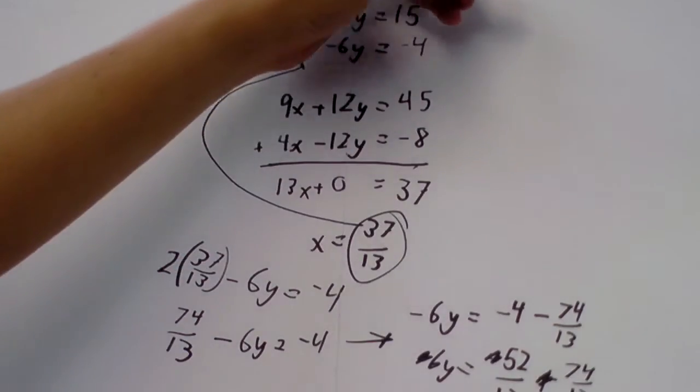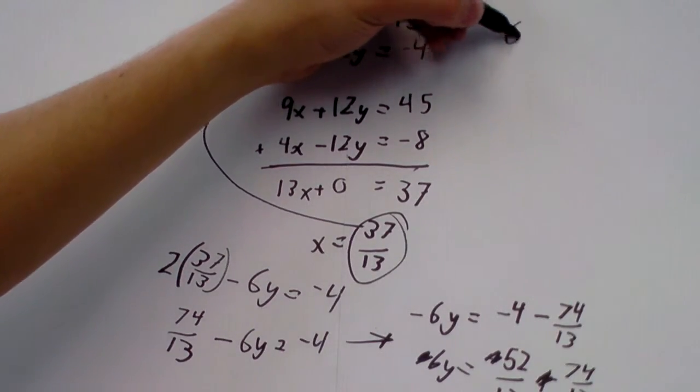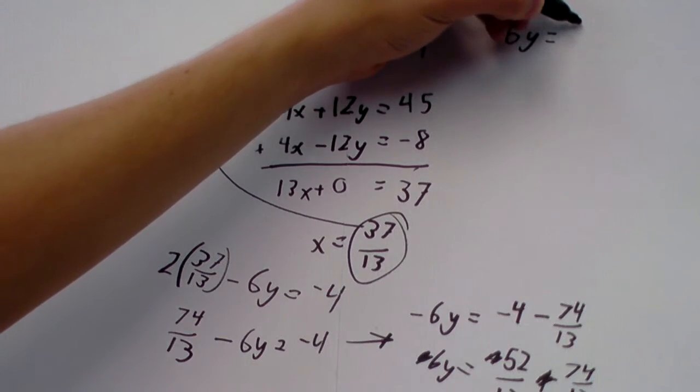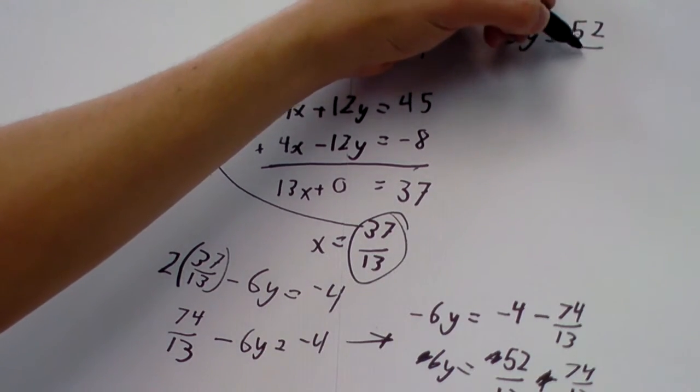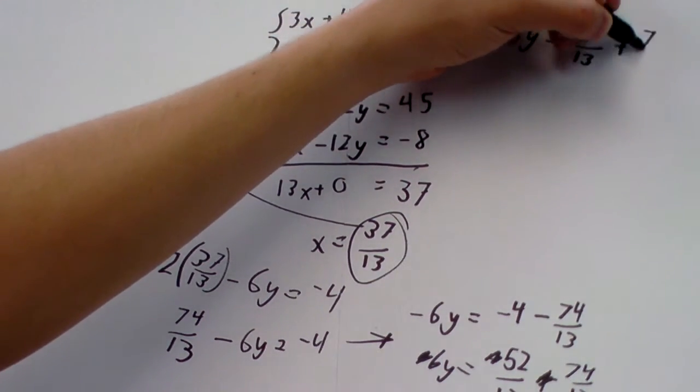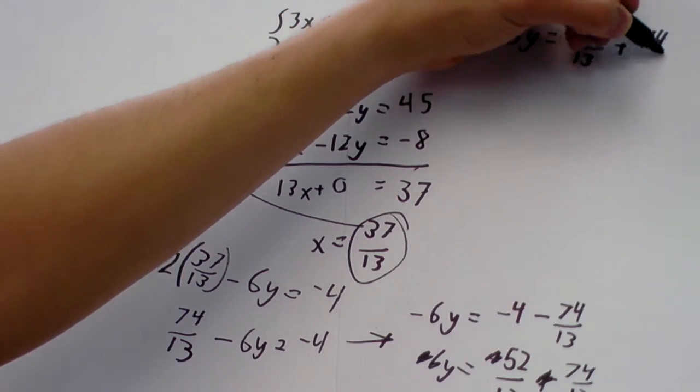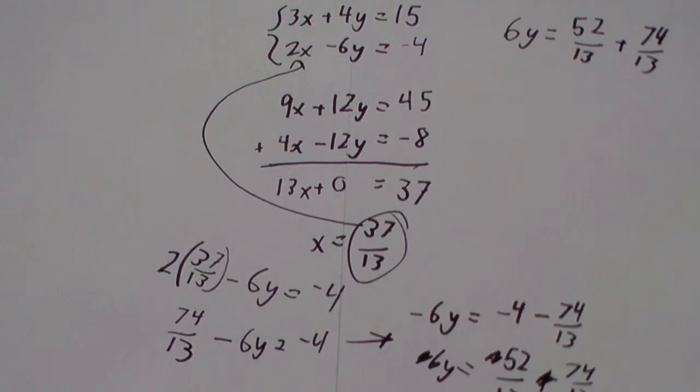Whoops, I'm sorry, I just noticed you couldn't see that on the bottom, so let me rewrite it. 6y equals 52 over 13 plus 74 over 13. I just canceled all these negatives here.